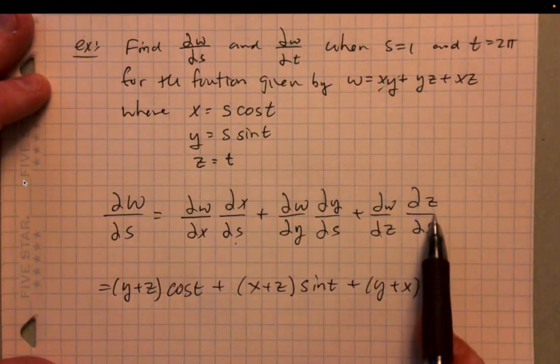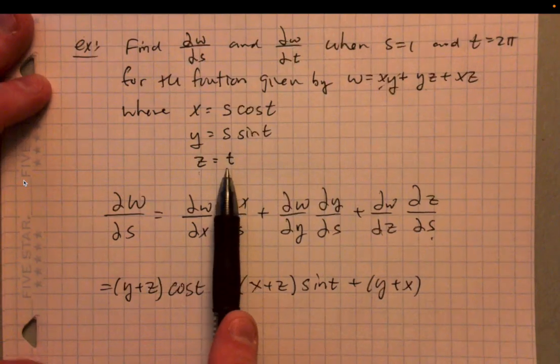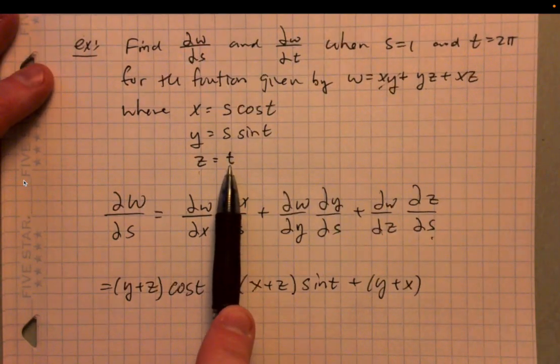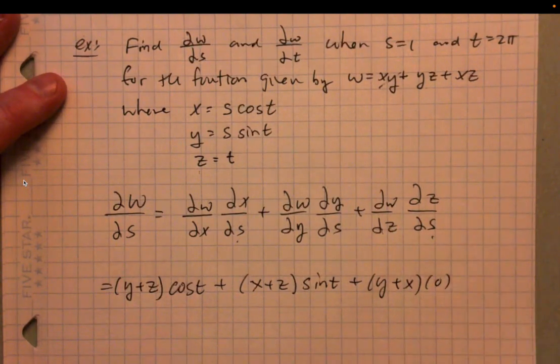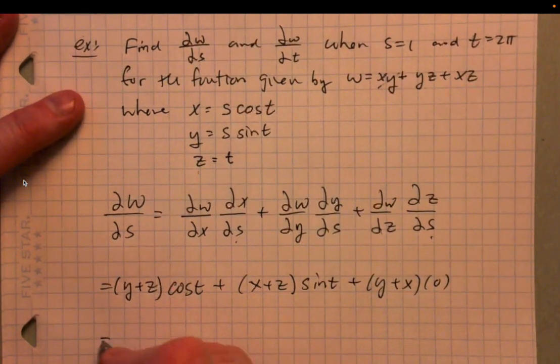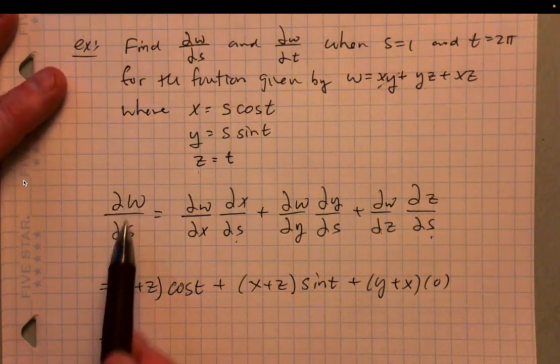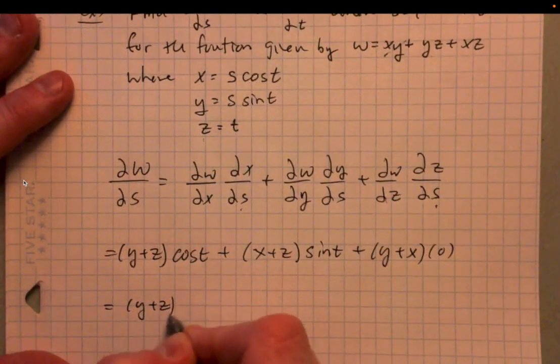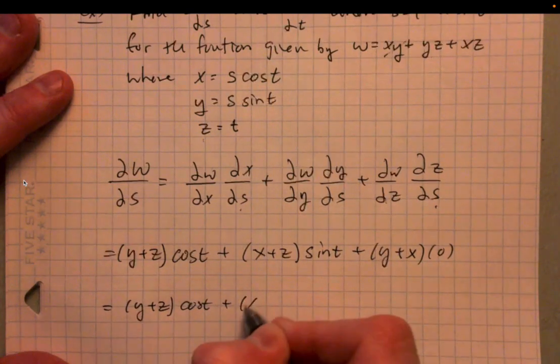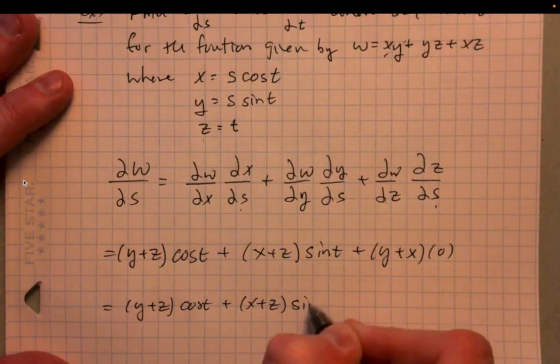And the derivative of z with respect to s? Well, in this case, t is treated like a constant, and so the derivative of a constant is just 0. Okay, so altogether, our partial of w with respect to s is just y plus z times cos t plus x plus z times sine of t.